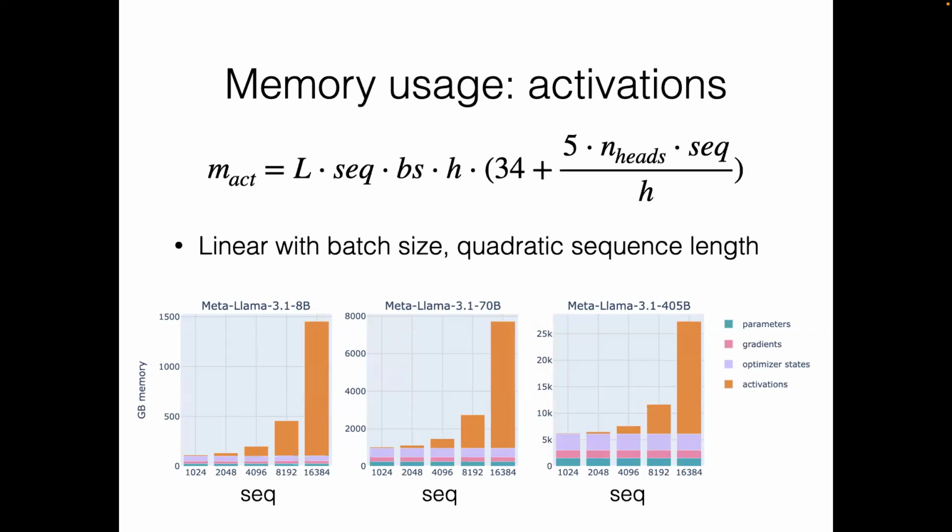Then you could consider what are the different factors in the memory that's used for the activations. Here's an equation from the book, and maybe there are two interesting things to note. One is that it's linear with the batch size. As I was saying before, as you increase the batch size, that is going to increase the activations.